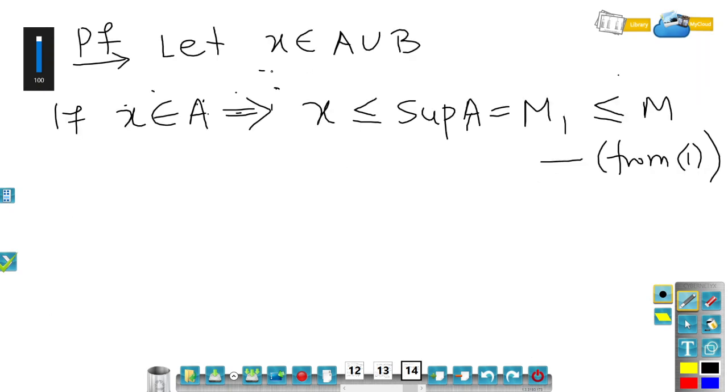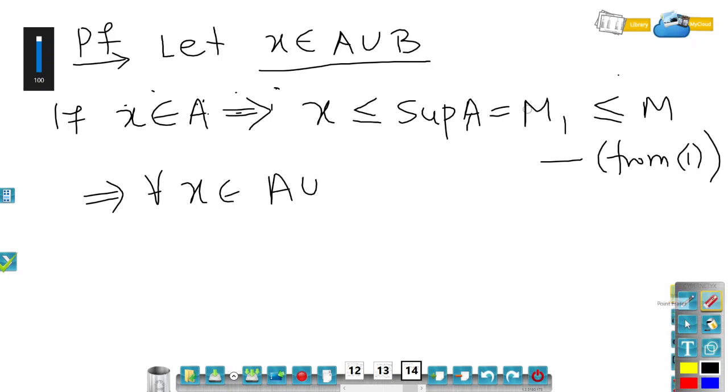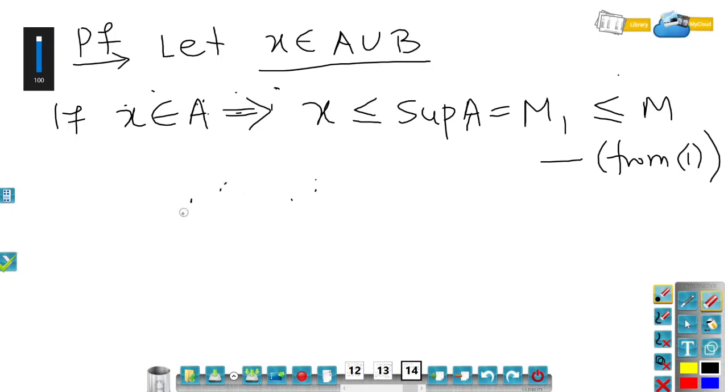So for any x belonging to A union B, x is always less than or equal to M. From this I will say that M is an upper bound of A union B.